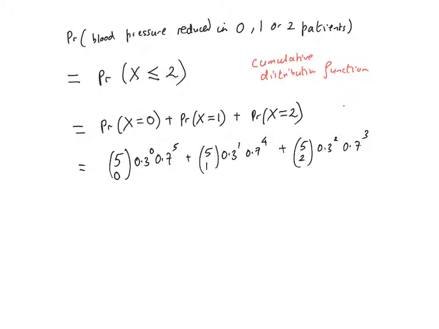One of the reasons why we looked at this example is that we can see there's a pattern: 0, 1, 2 and 5, 4, 3.